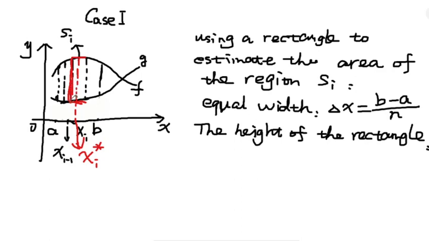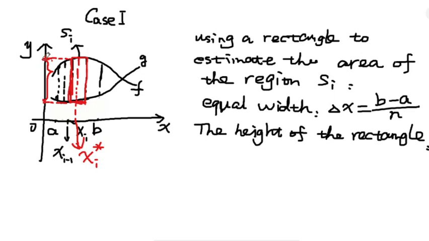So this is a rectangle shaded in the red color. Now we need to figure out what is the height of these rectangles. Here, this is when the x value is xi star. We need to figure out this part that gives the height of the ith rectangle.